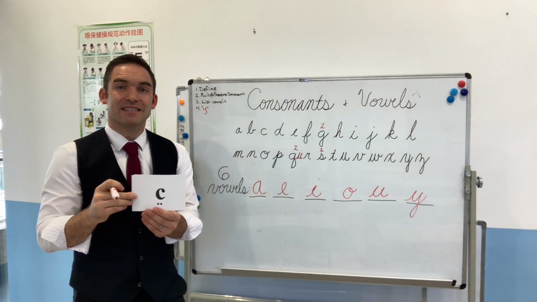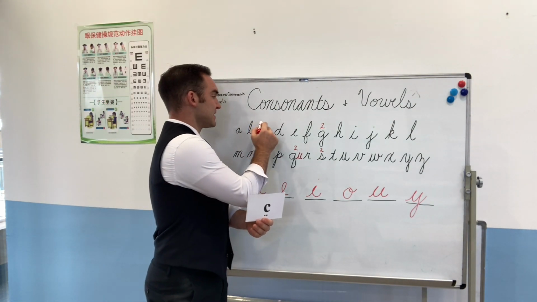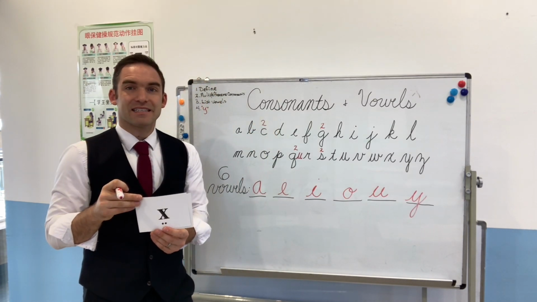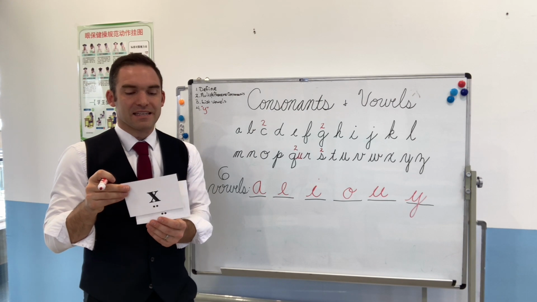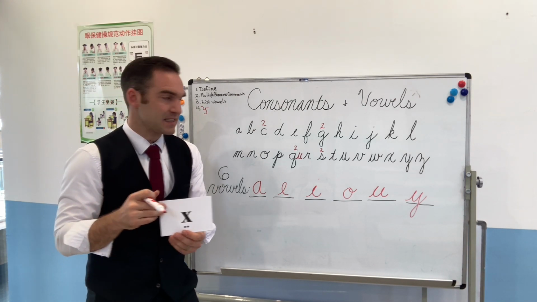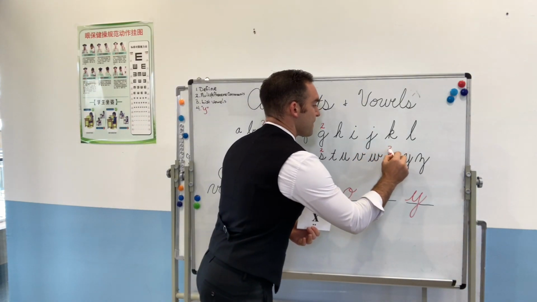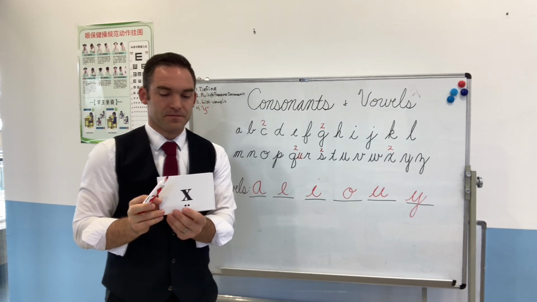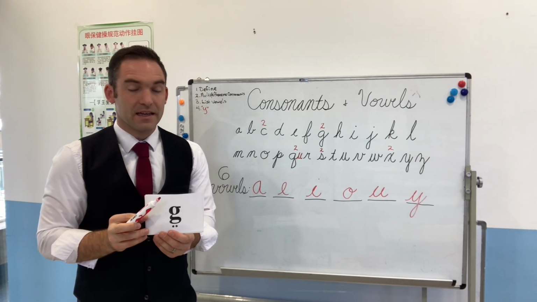K, s, k, s. Ks, s, ks, z, ks, z. Ks, z. And we're back at g, j.